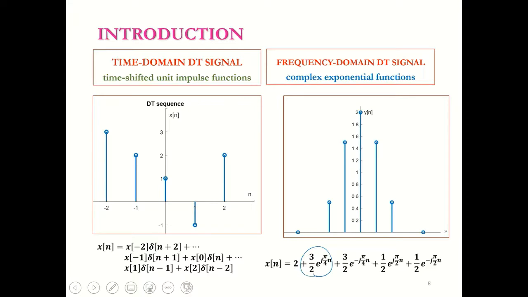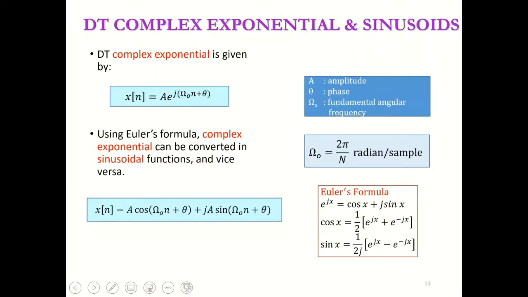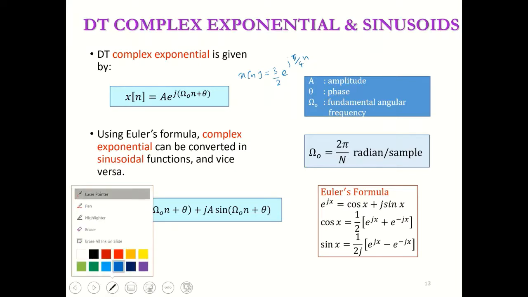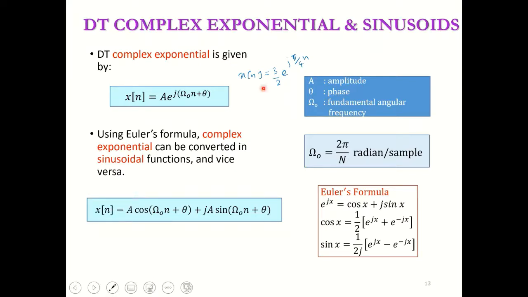If let's say we have x[n] equals 3/2 e^(jπ/4 n). How do you compare this term with this term? In this term, the theta is 0 degrees.